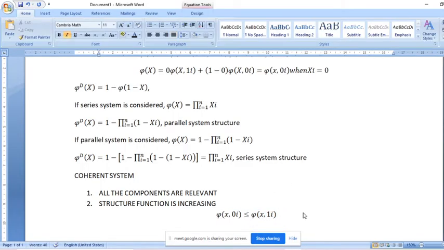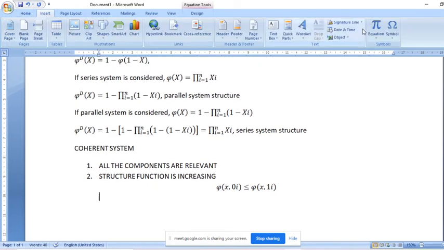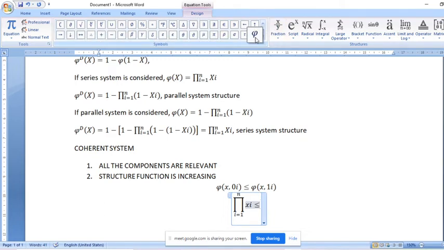Statement of the theorem: if a system is coherent, then the product of xi, i from 1 to n, let us denote with the small letter, no problem, is less than or equal to phi of vector x.